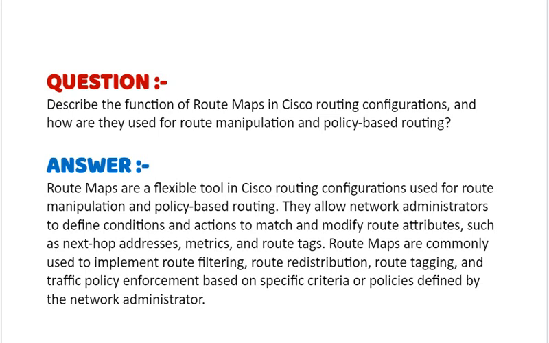Your answer should be: route maps are a flexible tool in Cisco routing configurations used for route manipulation and policy-based routing. They allow network administrators to define conditions and actions to match and modify route attributes such as next hop addresses, metrics, and route tags.